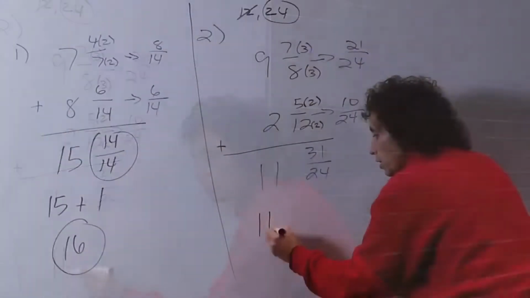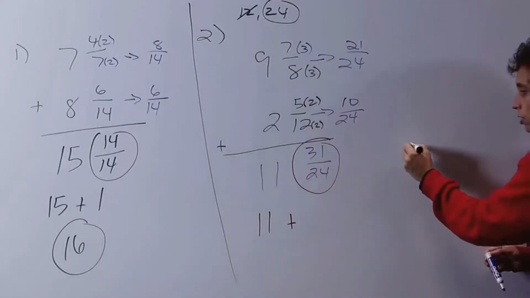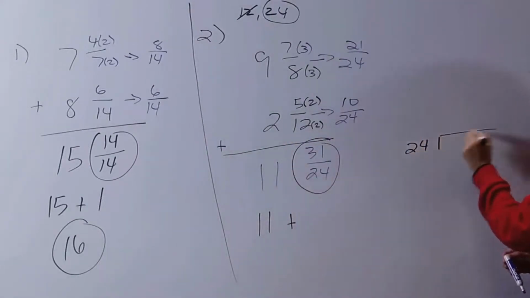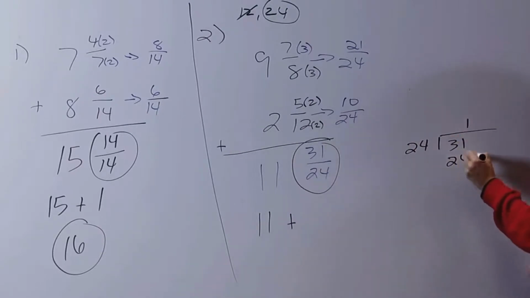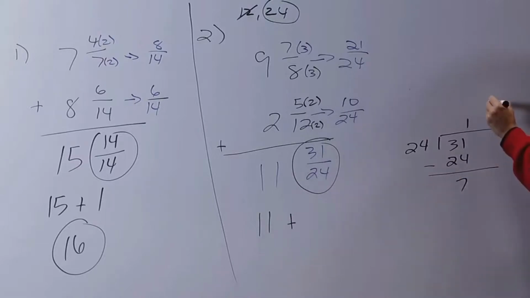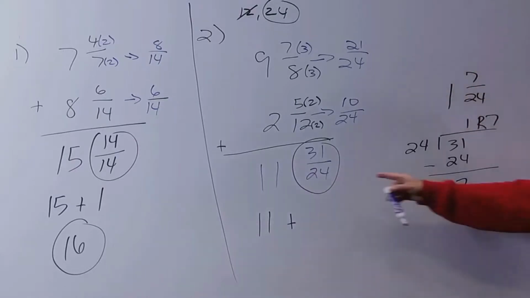This is 11 plus whatever this is. Let's talk about what that is. 24 goes into 31 once. I'm going to subtract. I get 7, so that's 1. That's the remainder 7. So that's 1 and 7/24. Remember, you keep the denominator.